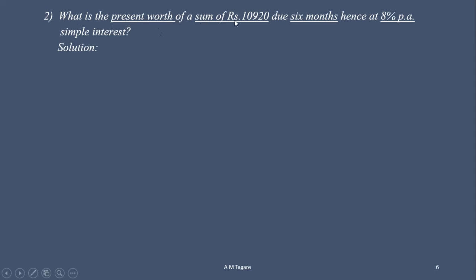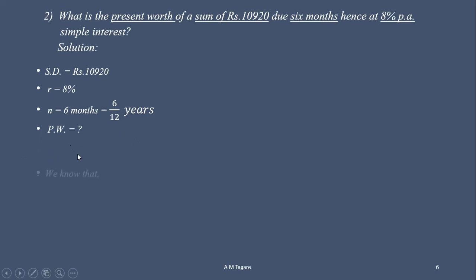A sum of rupees 10,920, that means SD, that is face value is given, and 6 months it is given, rate 8% it is given, and we want to find the present worth, that is PW. So we list out the given things. Sum due rupees 10,920, R is 8%, N is 6 months. We convert this 6 months into years, 6 upon 12 years, and we want to find PW.